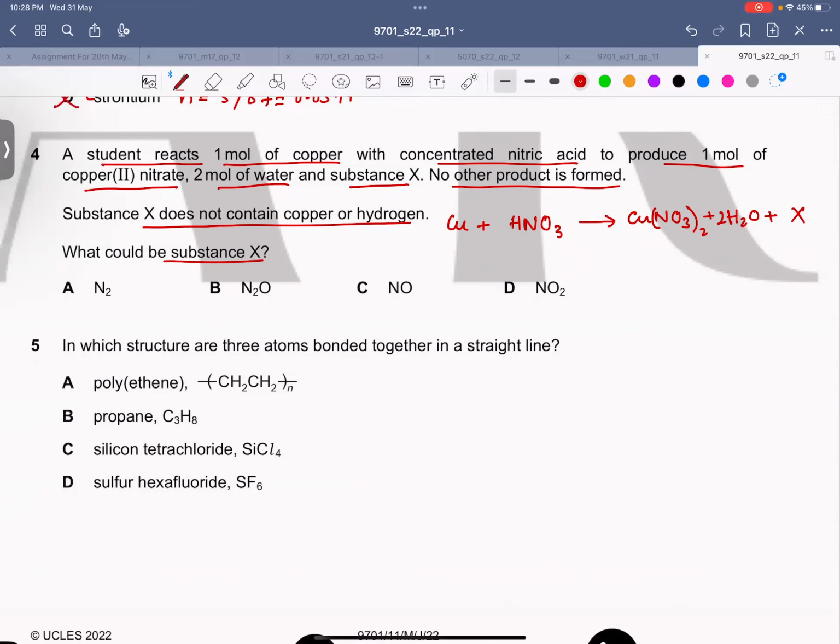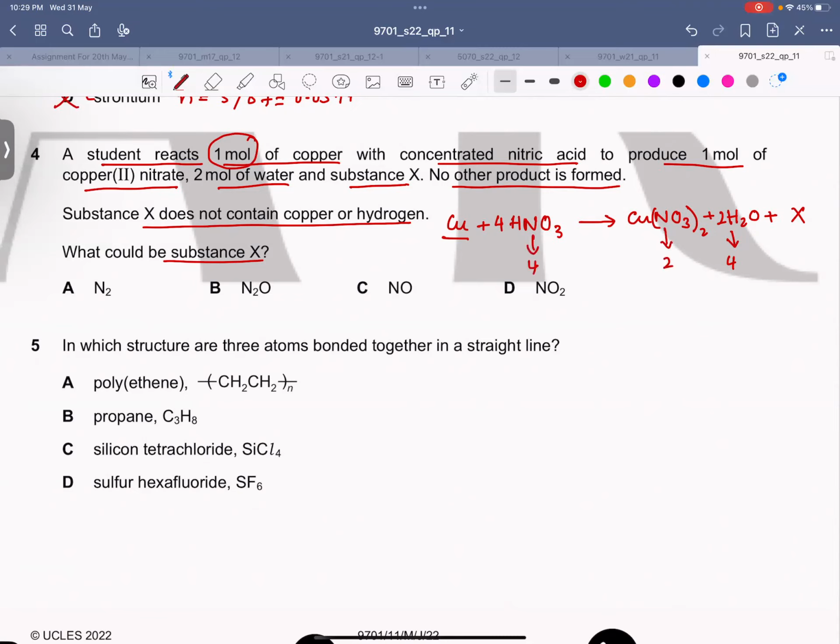They have told you that there is no copper or hydrogen. I will balance this equation by putting 4 before nitric acid, and as they have told you there is 1 mole of copper, it remains 1, and 2 moles of water, so that also remains 2. Nitrogen.